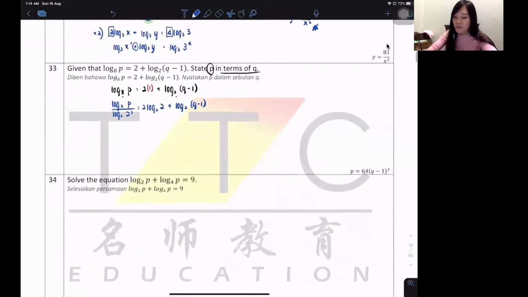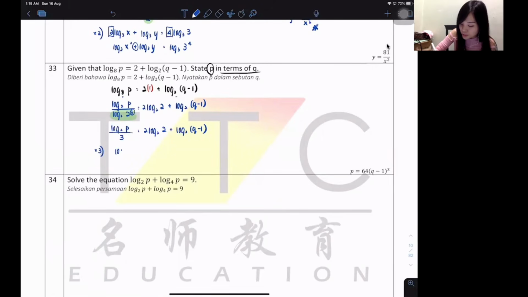Correct? So I repeat, when everyone is the same base, the most annoying thing for me is the fraction. So I'll try to make the denominator become a number. And a number is easier to make disappear. So 3 brings in front. And log base 2 of 2 is what? 1. So it equals 2 log 2 of 2 plus log 2q minus 1. Now, how do I make the 3 disappear? Everyone times 3.